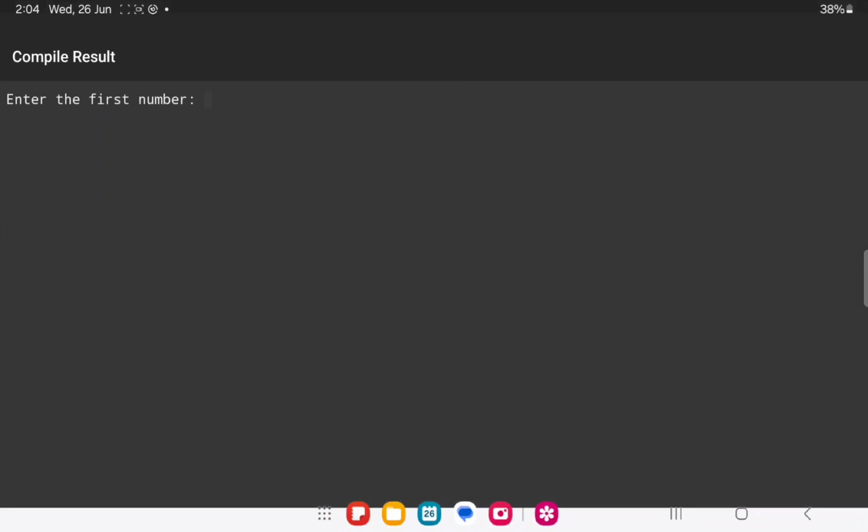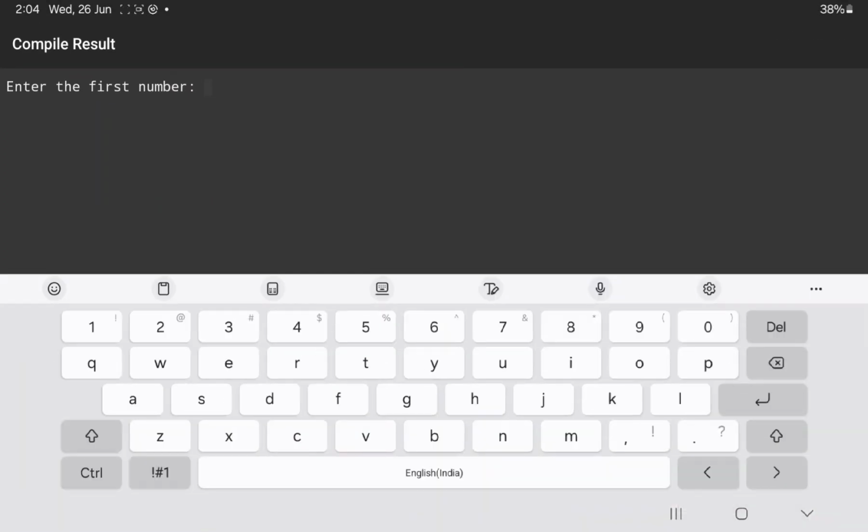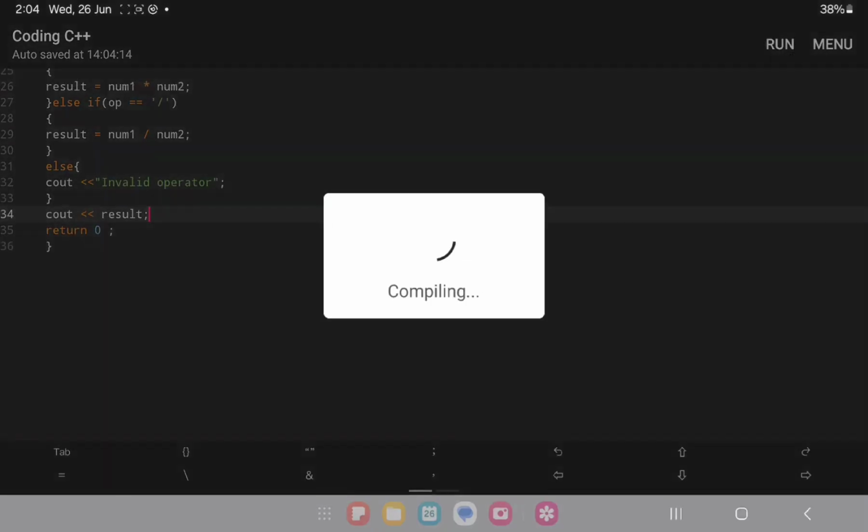Let's try 53. Maybe operator is subtraction, of course, and you're going to write maybe a decimal point number, 340.7.